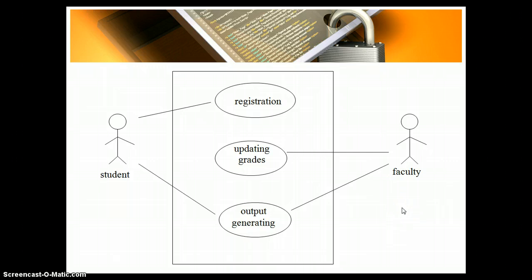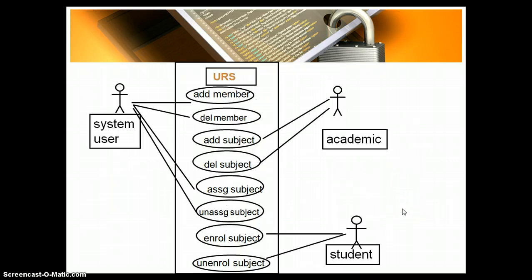This is another use case diagram. Here you can see how many actors there are: 3 actors, system user, academic, and student. System user can add member, delete member, assign subject, unassign subject. These are the jobs performed by the system user.